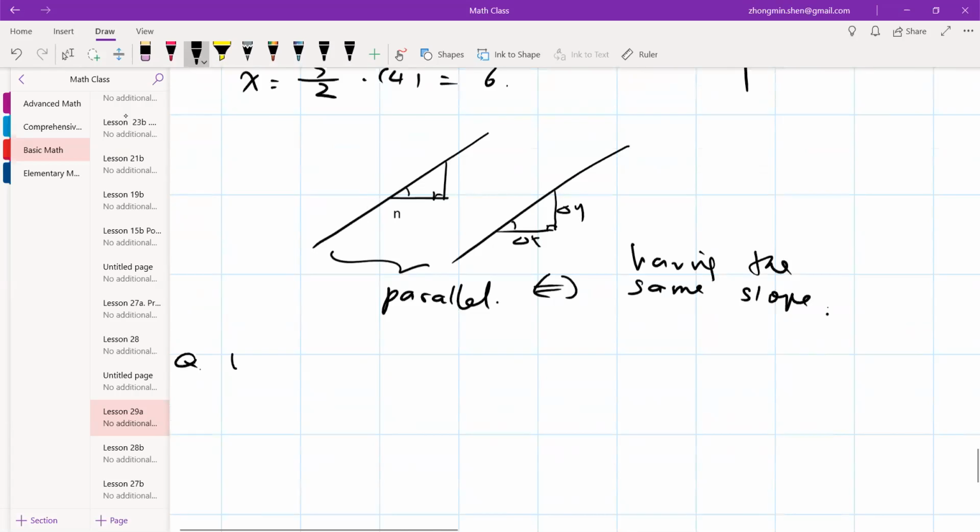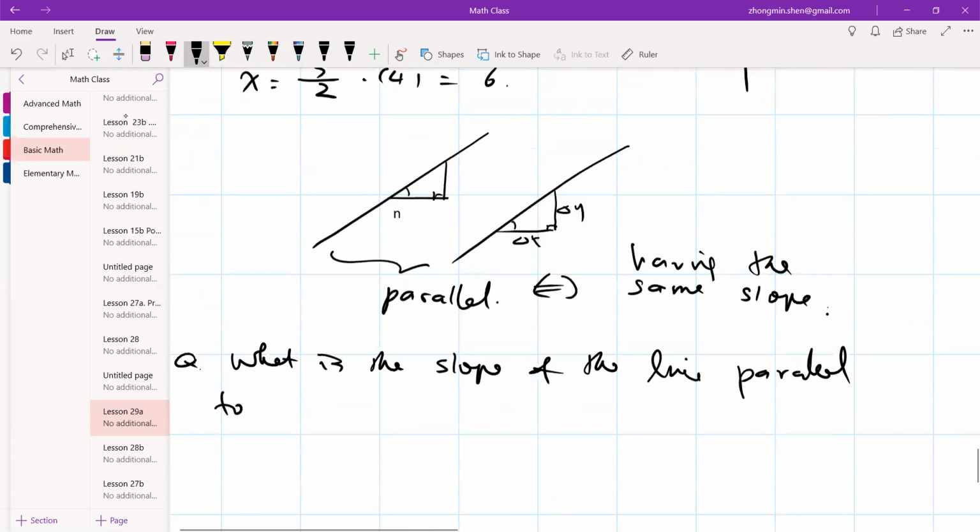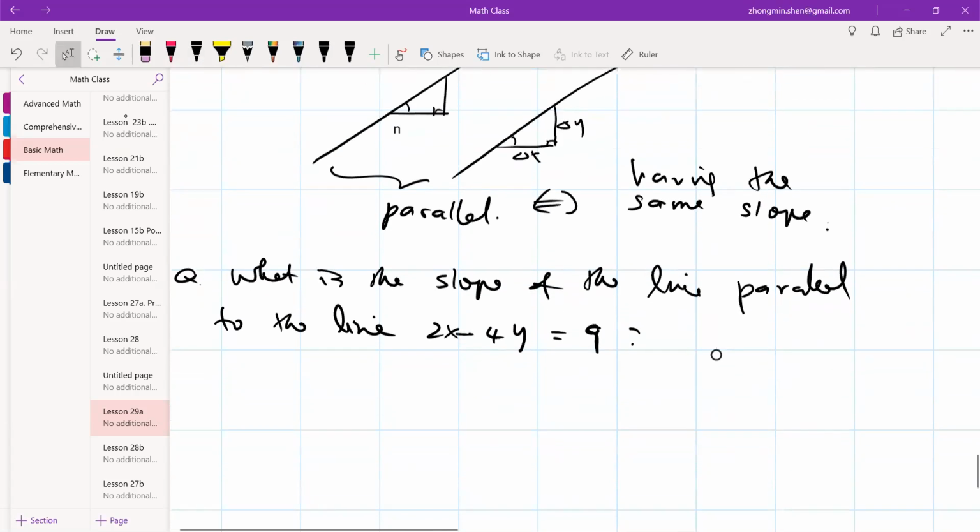So my question is, what is the slope of the line parallel to the line determined by 2x minus 4y equals 9?